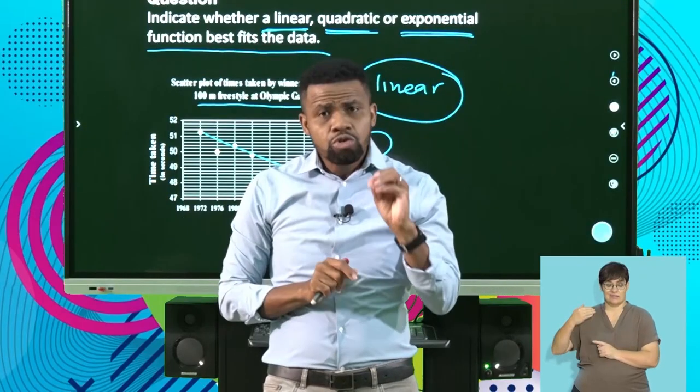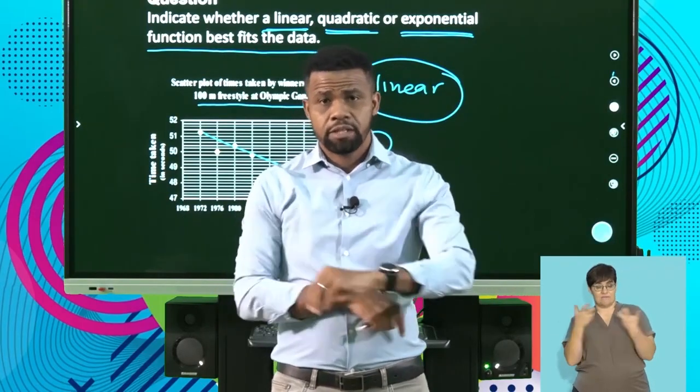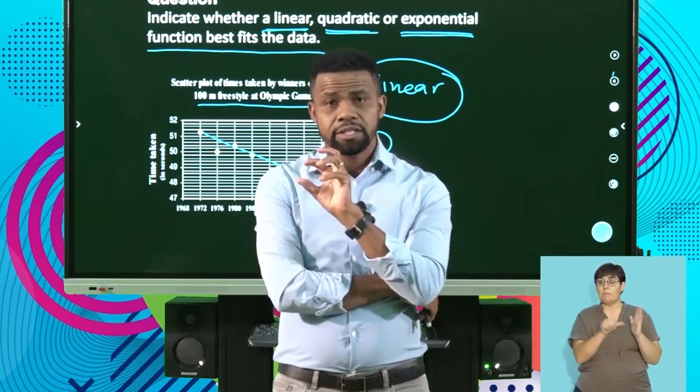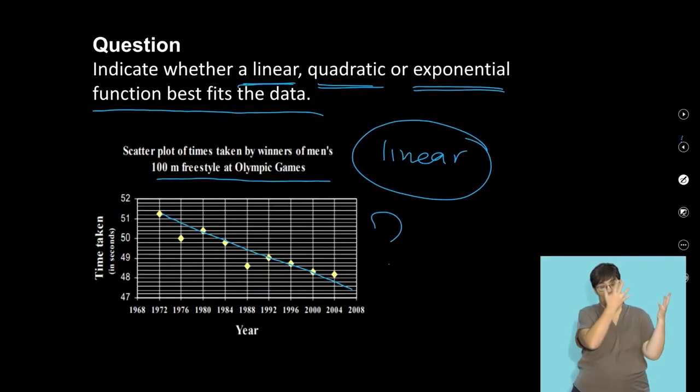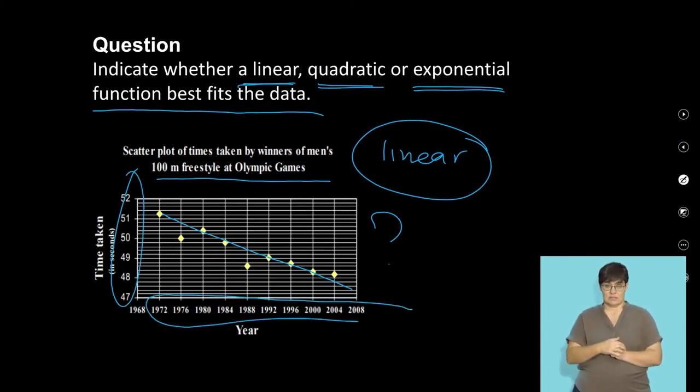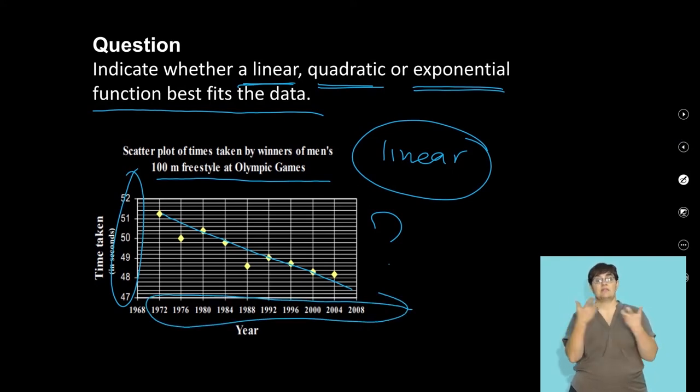But when you draw the line of best fit, it's very important to calculate the average for this and the average for that, because the line of best fit must pass through the mean. Are we together? Okay.